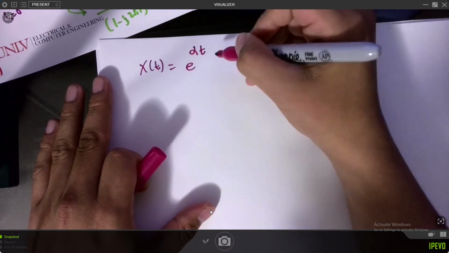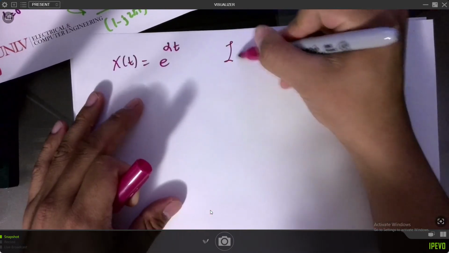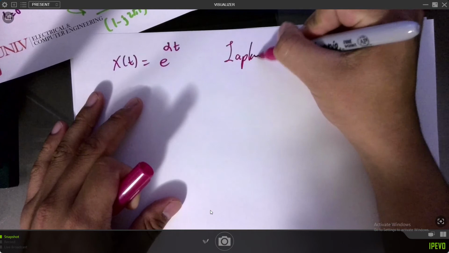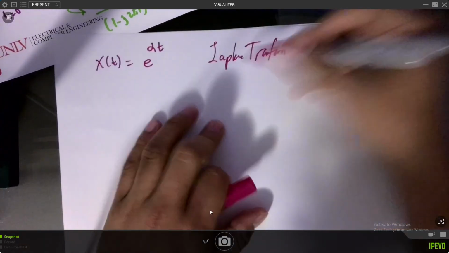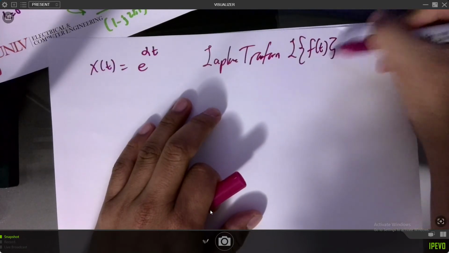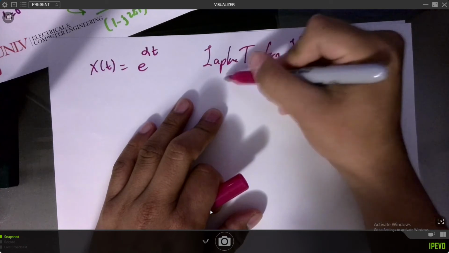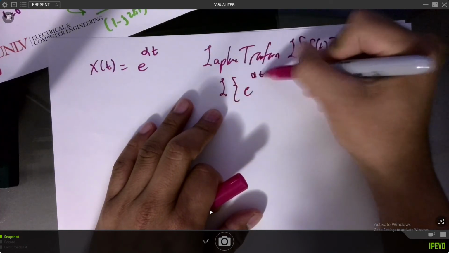But before we do the Fourier transform of this, remember the Laplace transform, or old little buddy Laplace? So remember when we did the Laplace transform of a function f of t, we got some crazy stuff. And remember the Laplace transform of e to the alpha t?